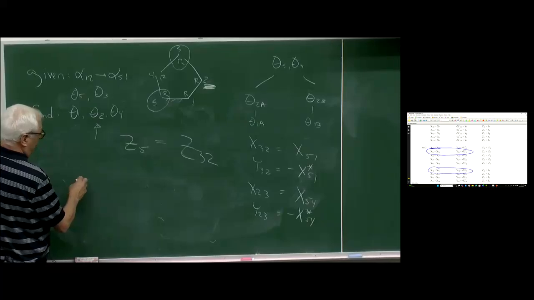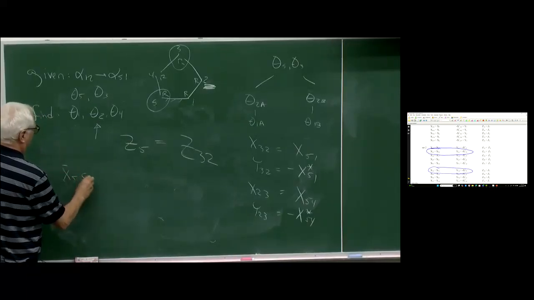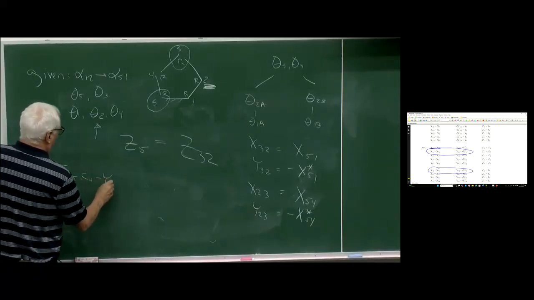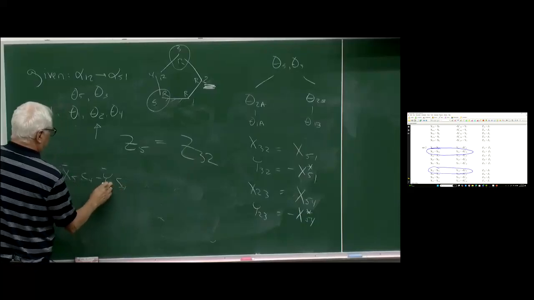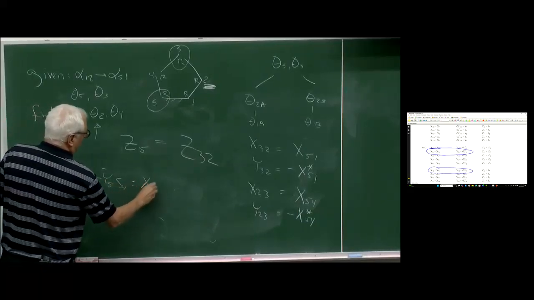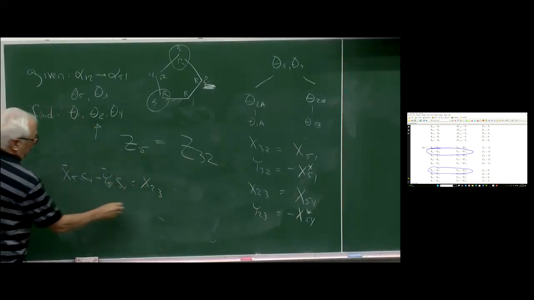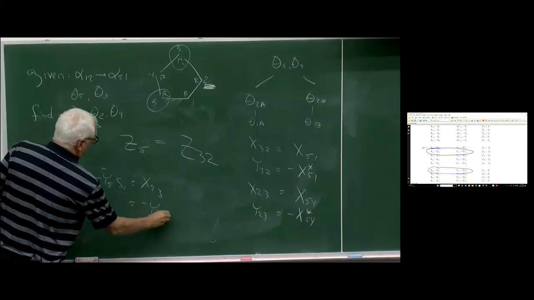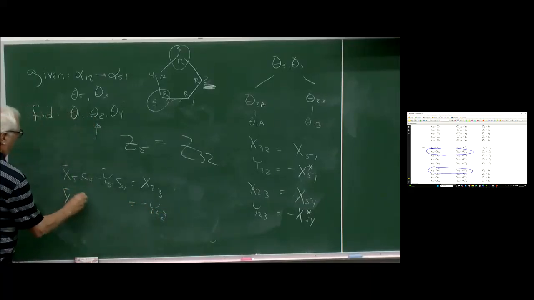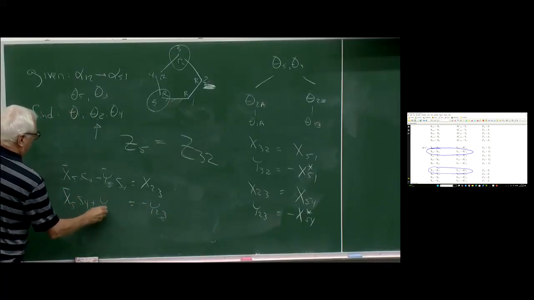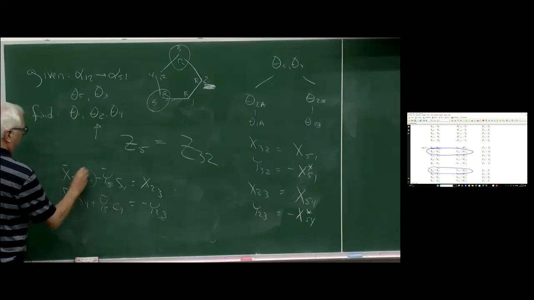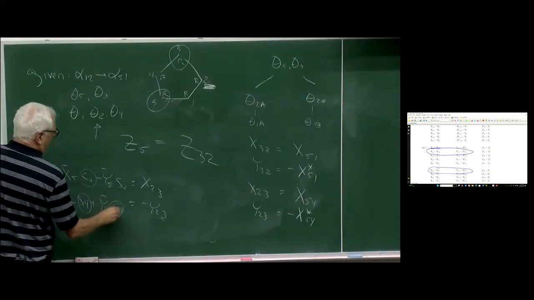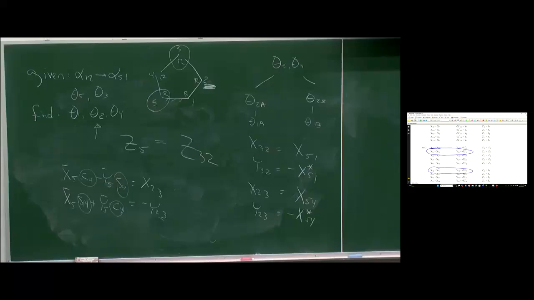Okay, we're going to expand x54. My writing's getting worse. Let's see, let's move the minus sign over there. XS plus YC. We got two linear equations and two unknowns.